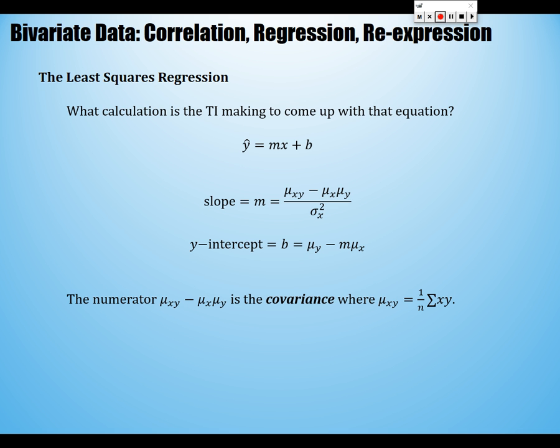Notice that if you were to do this by hand, you might calculate the slope first, and then notice that it's used in the y-intercept calculation. By the way, if you do two-variable stats on your calculator, all the constituent parts listed here are on that list. You can calculate it that way as well, including mu xy and so on.